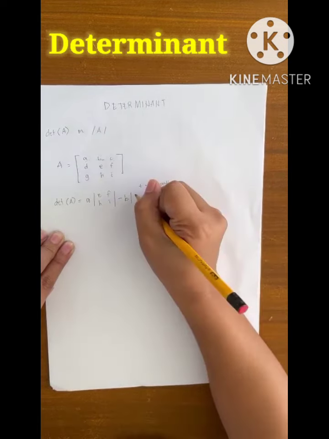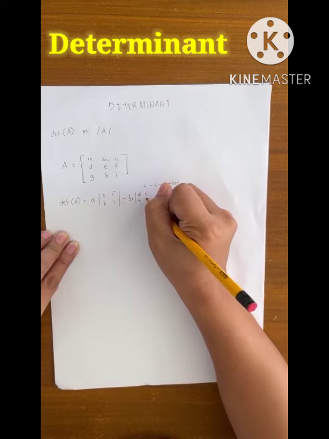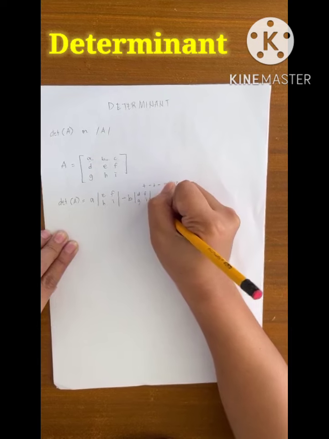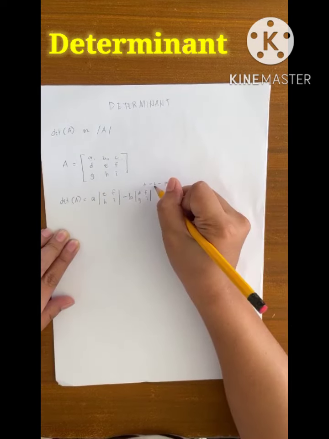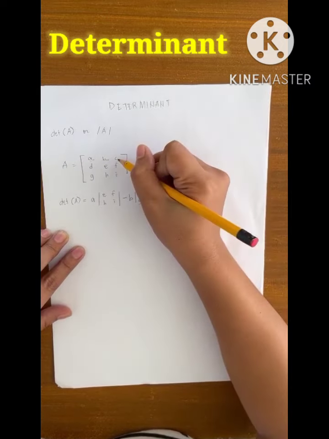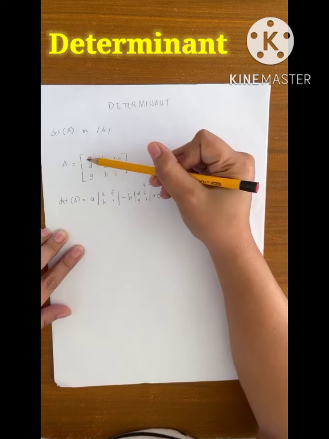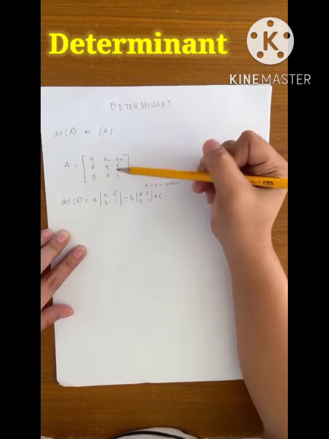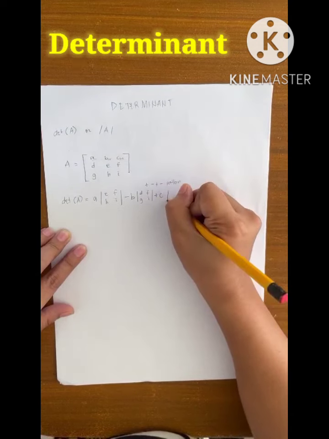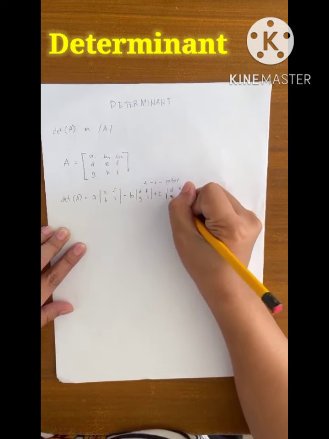The remaining elements are D, F, G, and I. Next we will use positive, and then we will use the last scalar, C. C is in row 1 and column 3, so we will cross out row 1 and column 3. The remaining elements are D, E, G, and H.